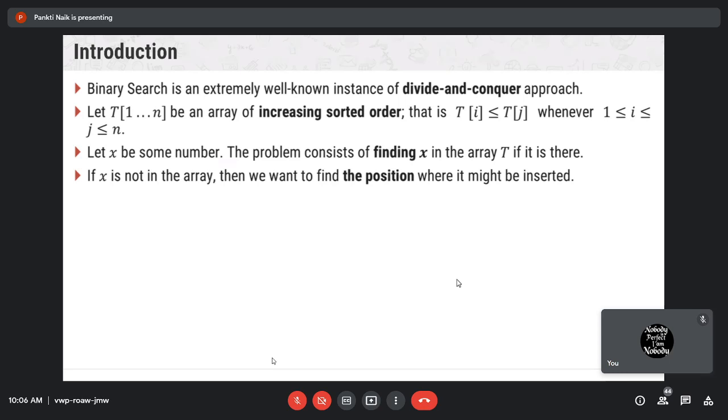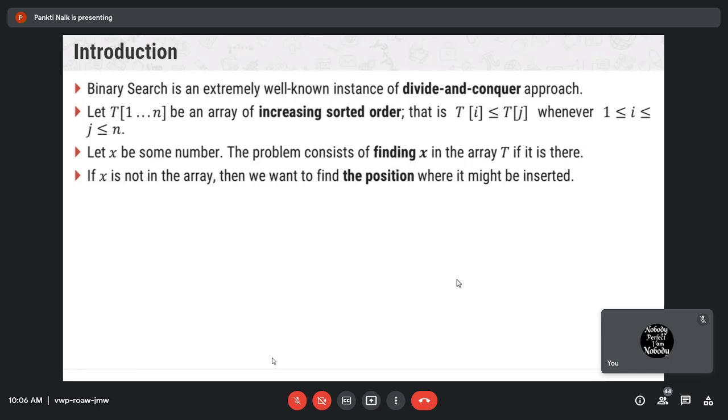And what is your binary search problem? The binary search problem is finding the key value from the array if the key value is there. Now, if the key value x is not in the array, then we want to find the position where it might be inserted.